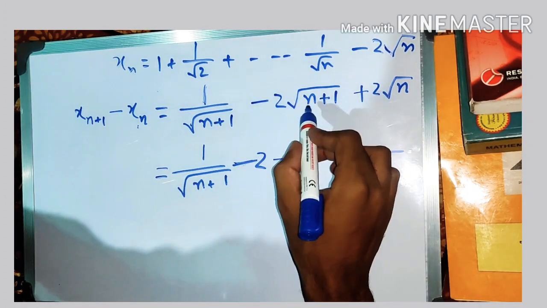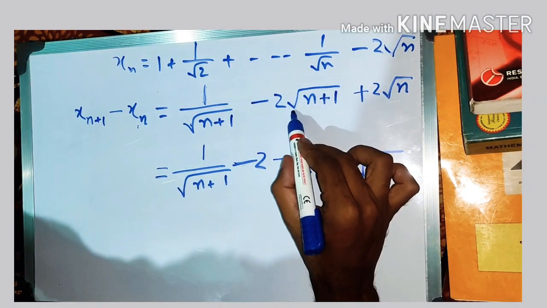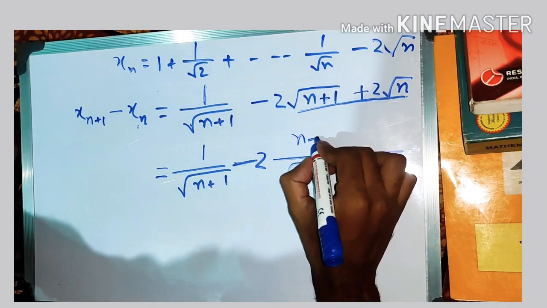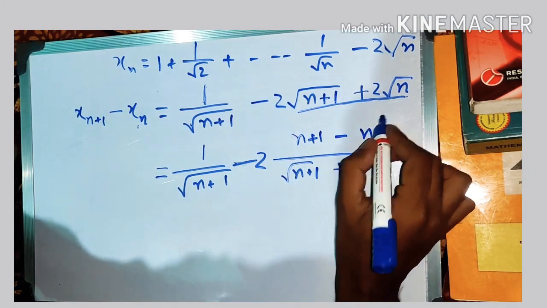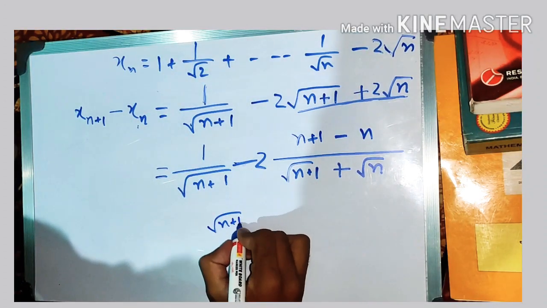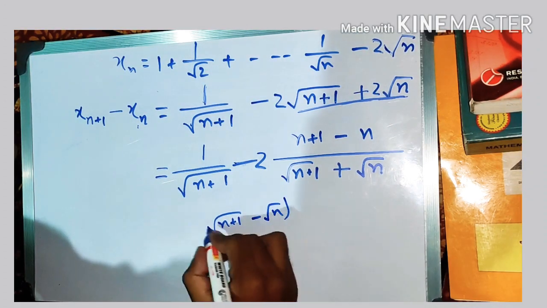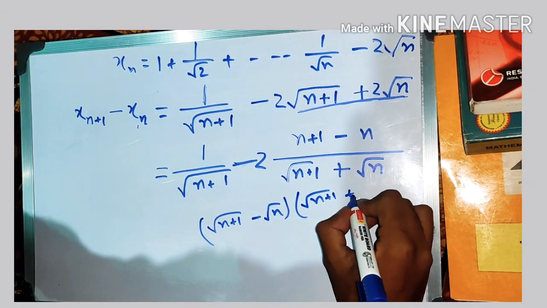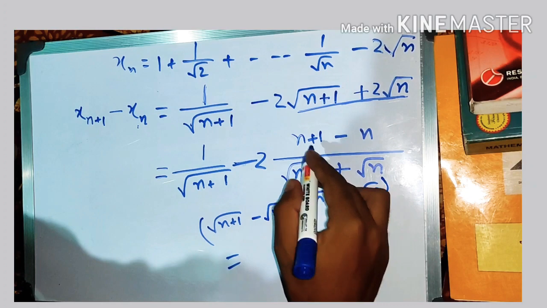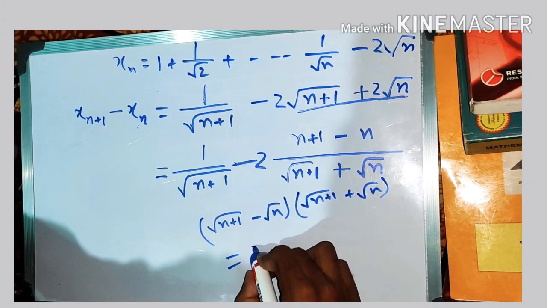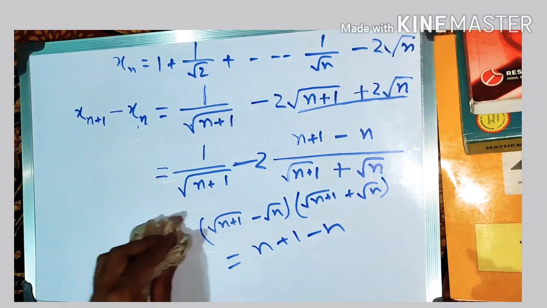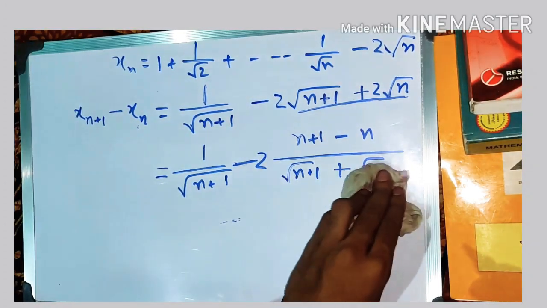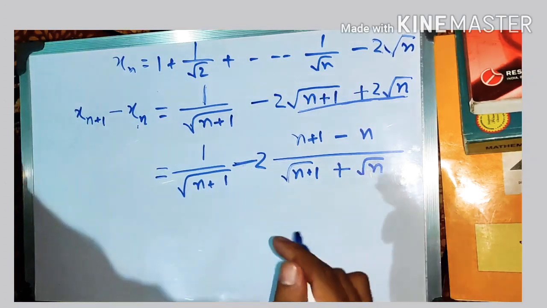After multiplying, we get n plus 1 minus n.